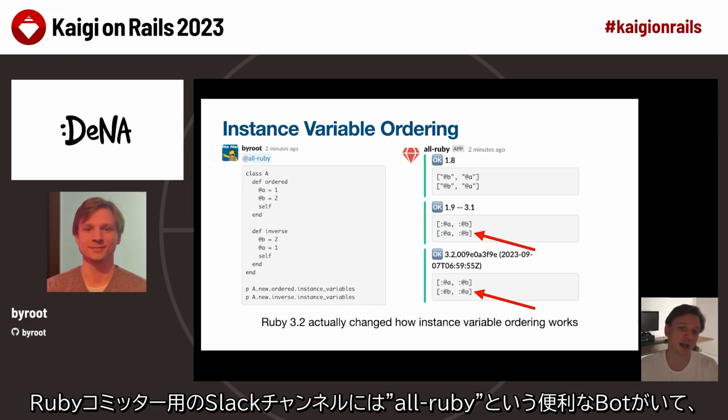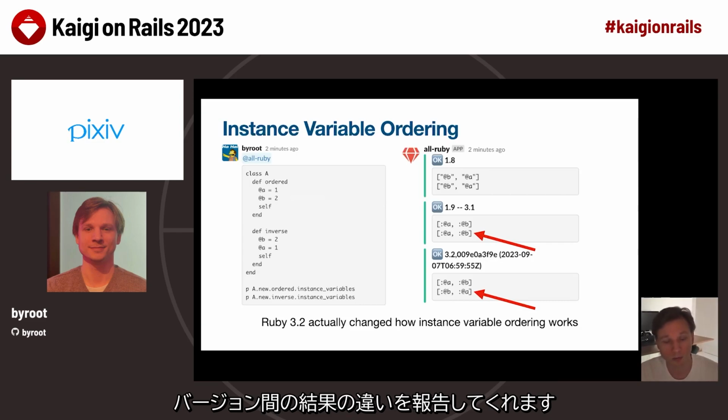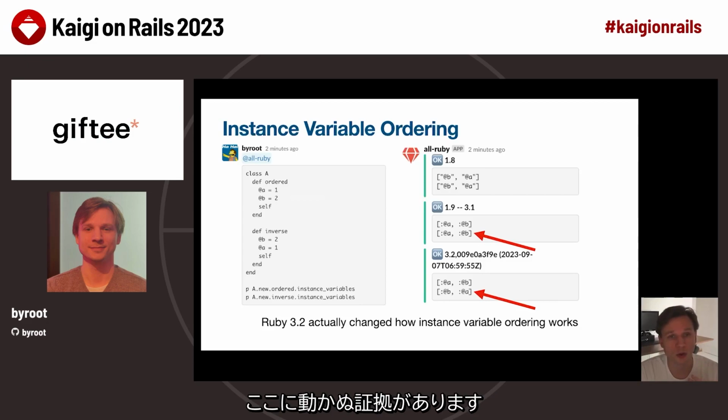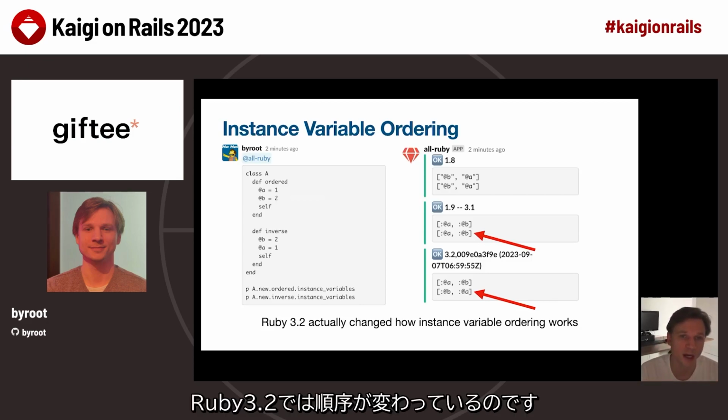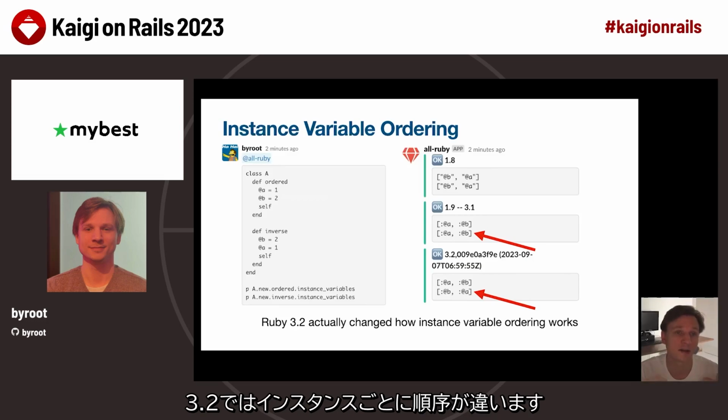The Ruby committer Slack has a very helpful bot called allruby, and you can give it a snippet of code, and it's going to execute it on all the different Ruby versions and show you what changed over time. And here we had a huge smoking gun, because we could see that on Ruby 3.2, the order changed. Back in 3.1, the order was the same for all the instances of a class, whereas in 3.2, each instance has its own order.